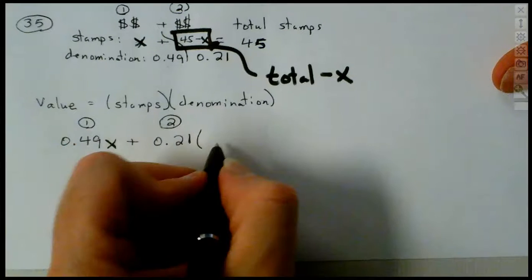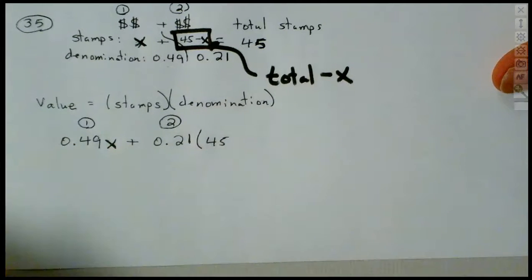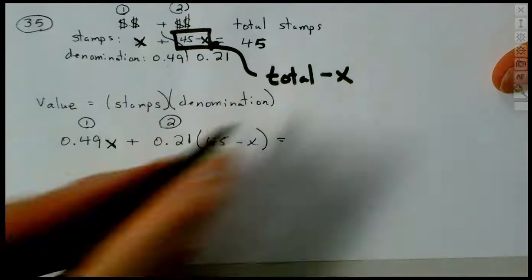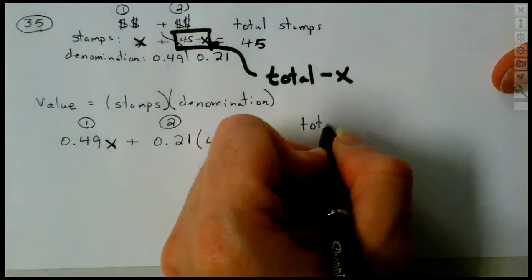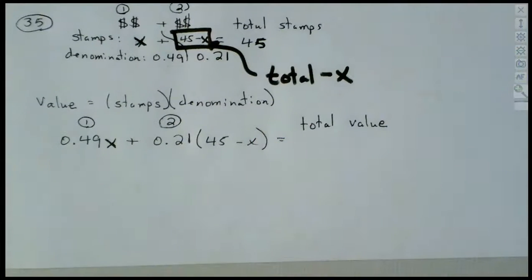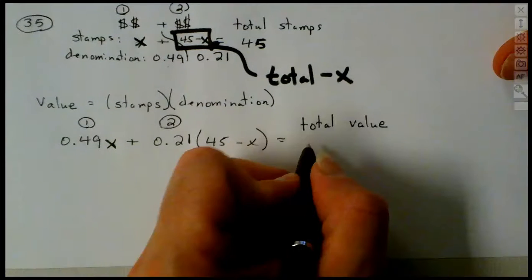And how much is in there? 45 minus x. And how much is the total value of all the stamps put together? Well, the total value of all the stamps put together is how much we spent. And we spent $16.45.